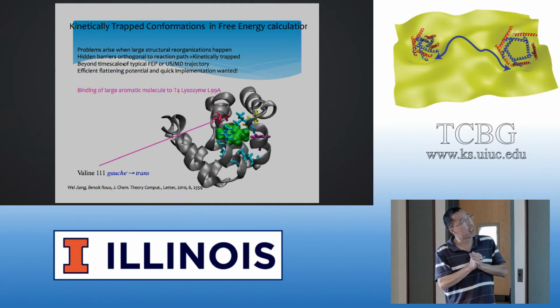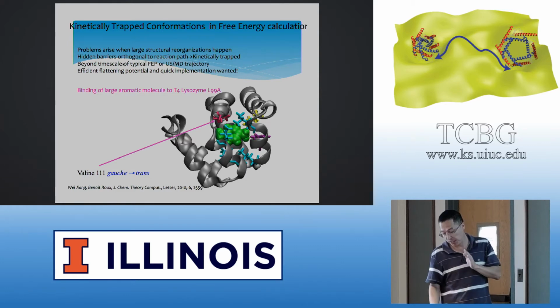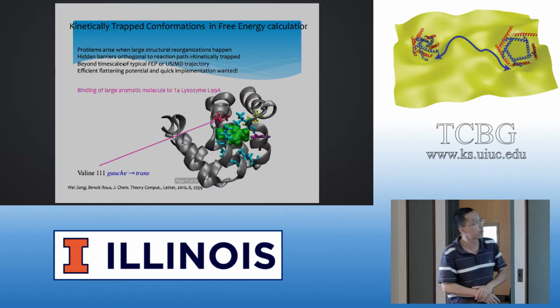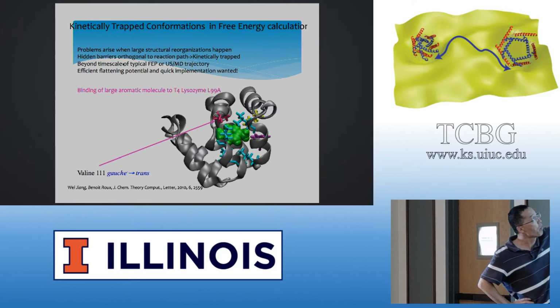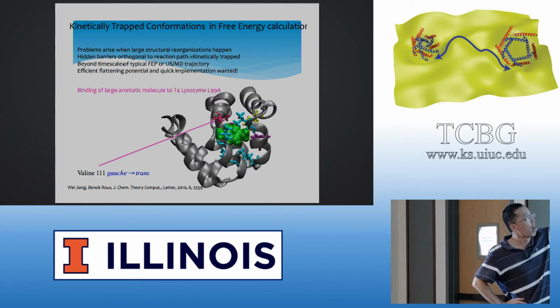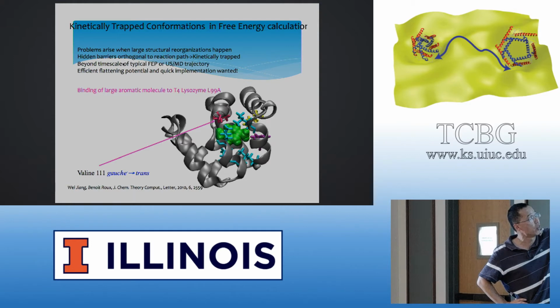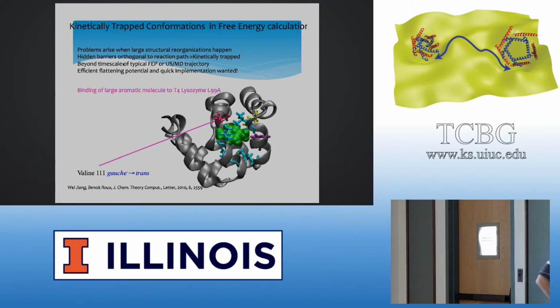Now let's see some real applications. First, see the kinetically trapped conformation in free energy calculation. Problems very often arise when large structural reorganization happens. Like in this case, this is T4 lysozyme. This is a hydrophobic protein, and in its hydrophobic core, some kind of aromatic molecules like benzene, xylene, p-xylene can bind.